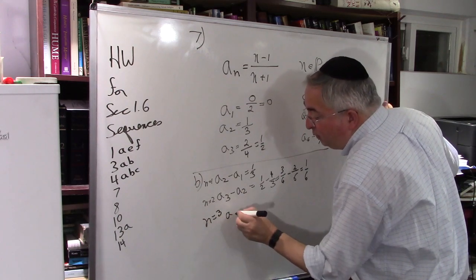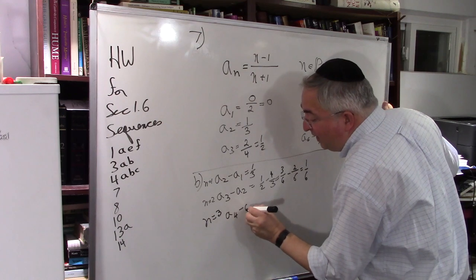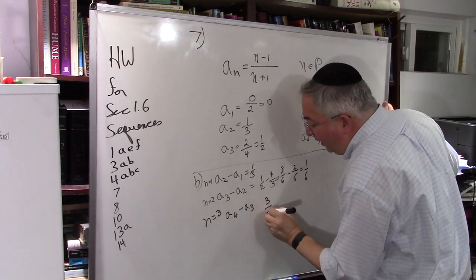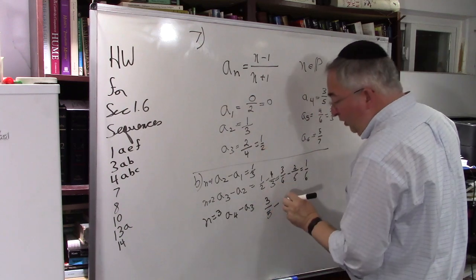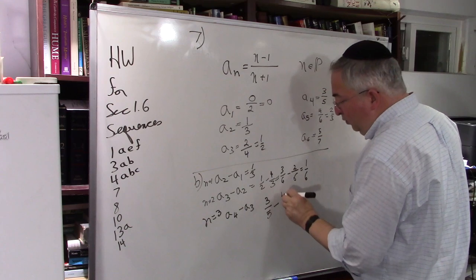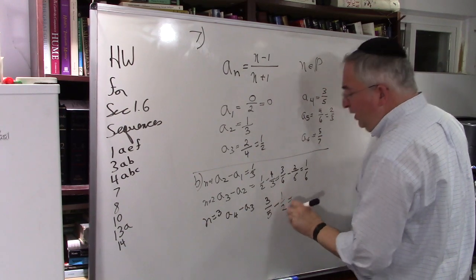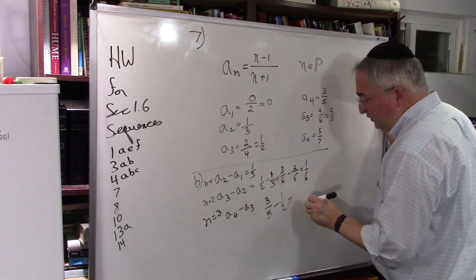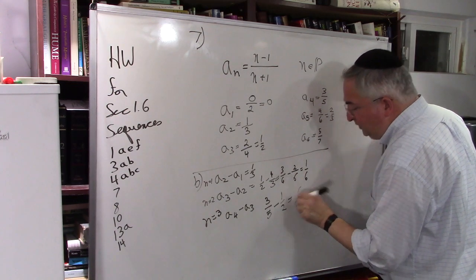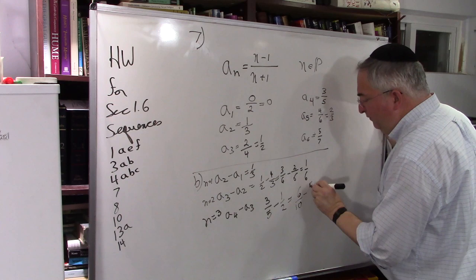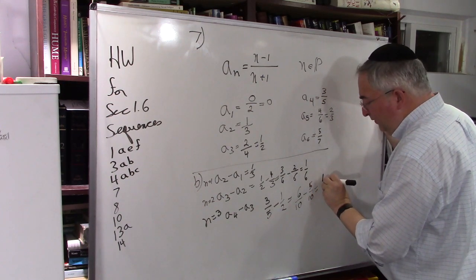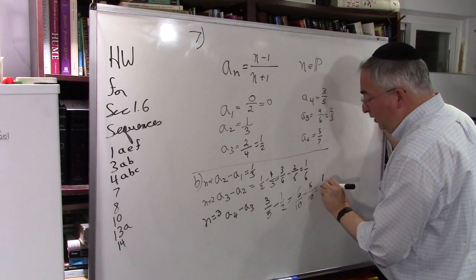Okay, and so we're going to talk about A4 minus A3. So A4 is 3 over 5 minus 1 over 2. Okay, let's put both of them over 10. So this is going to be 6 over 10 minus 5 over 10. And so that's going to equal 1 over 10.